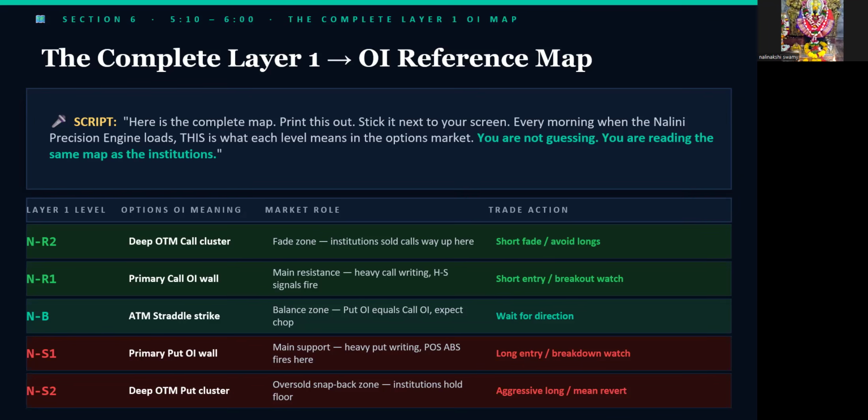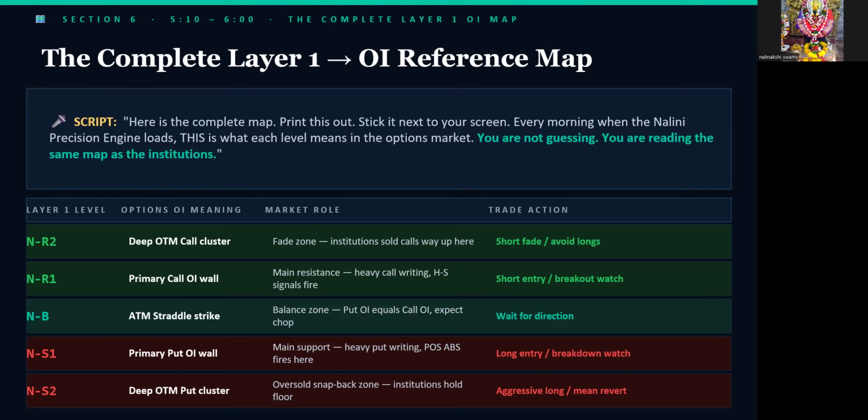Then I messaged my community that some sort of reversal is coming in the market. And when it reached the pivot area, I told the community people to book their profits. Why? Because that was the straddle area.